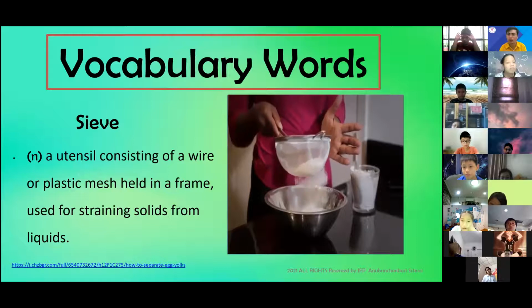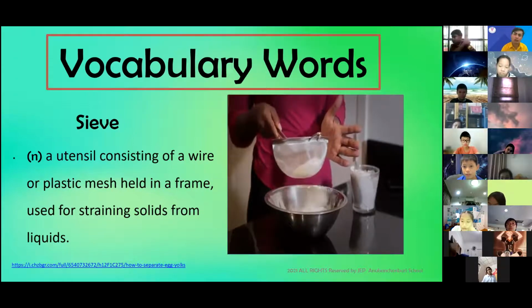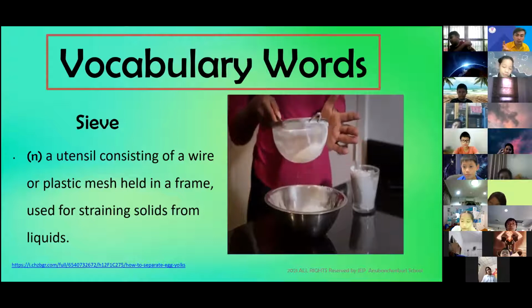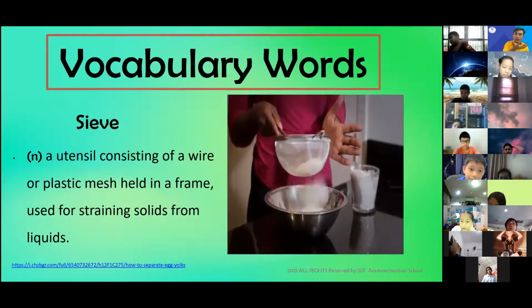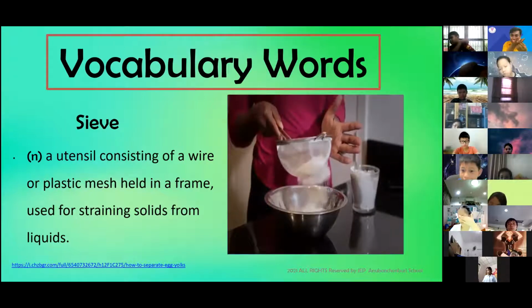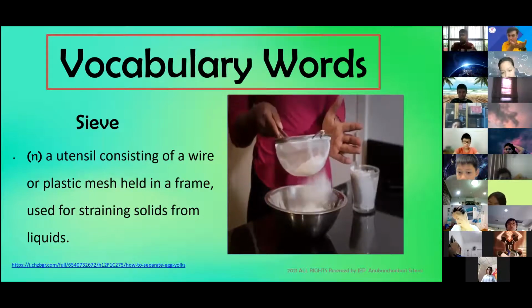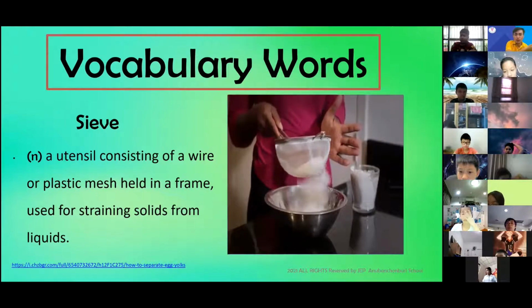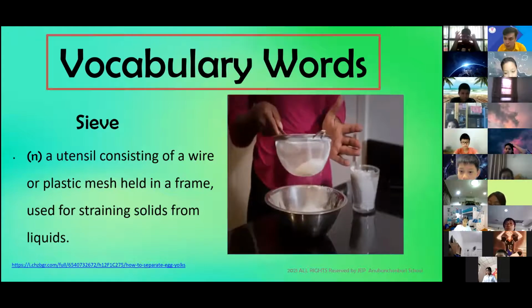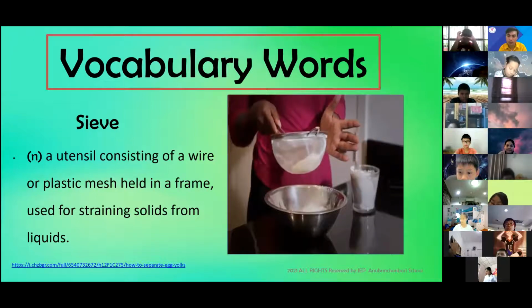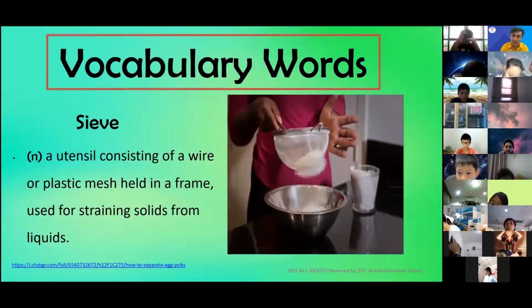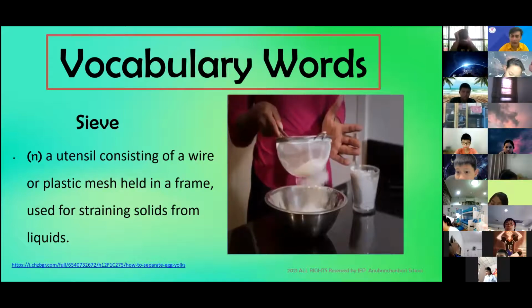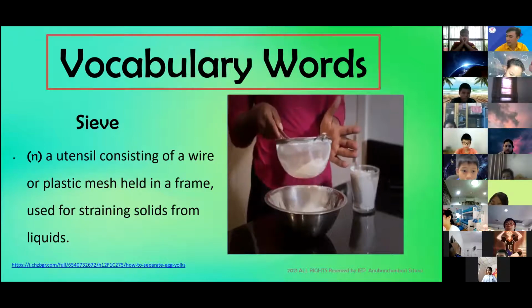And when the noodles are soft enough, then she will get the sieve and get all the noodles, and the water will pass through the sieve, but the noodles will be trapped on the sieve. Okay, so that is the process. You're going to separate the noodles from the water, because we only need the noodles and we don't need the water. All right, so that is the sieve. I'm sure you are familiar with this, and I'm not sure, I mean, what is the equivalent word of this in Thai?